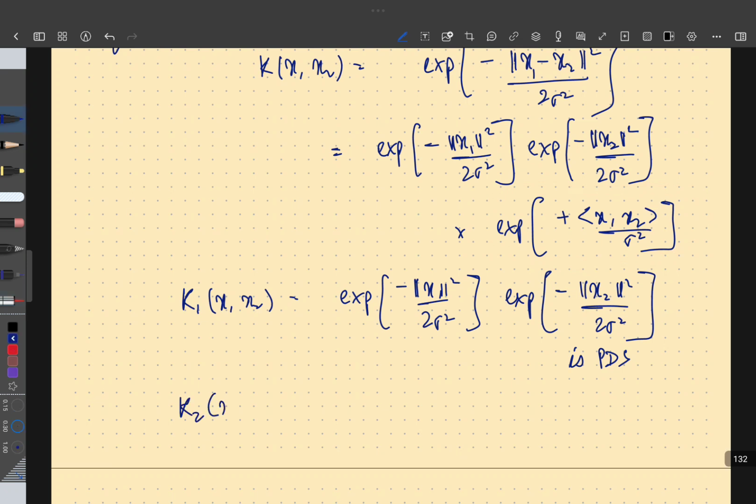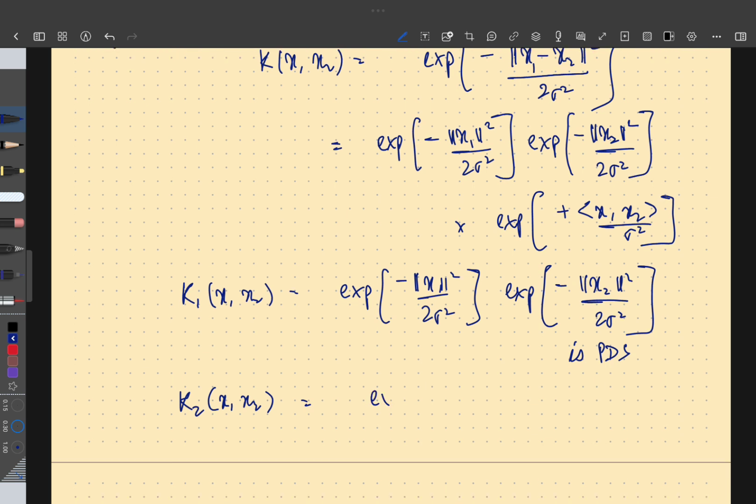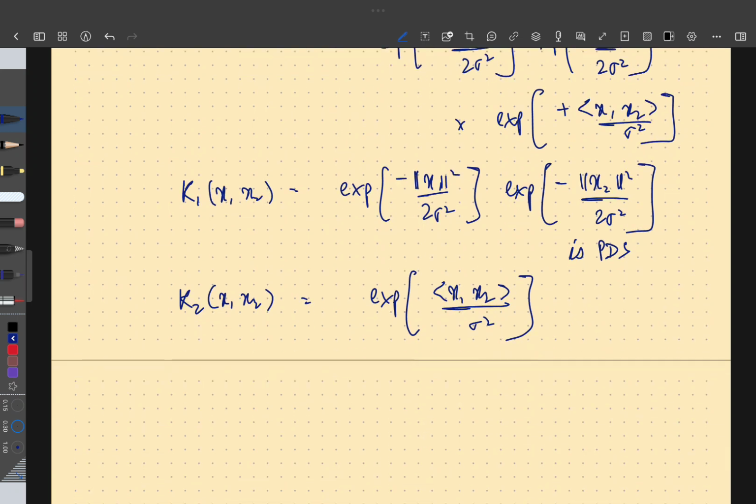So let me define k2 of x1, x2 to be e to the power inner product between x1 and x2 divided by sigma squared. Correct. So basically what I'm going to do is try to express this as a limit. Let's take the Taylor series expansion of e to the power t. What is it?